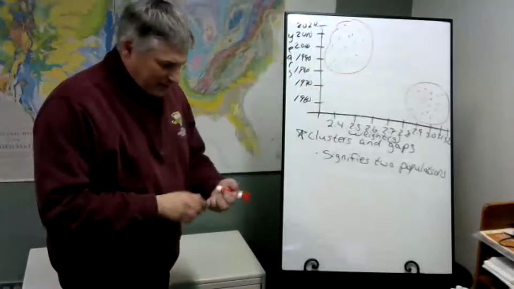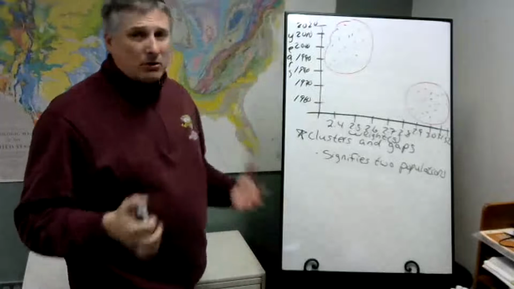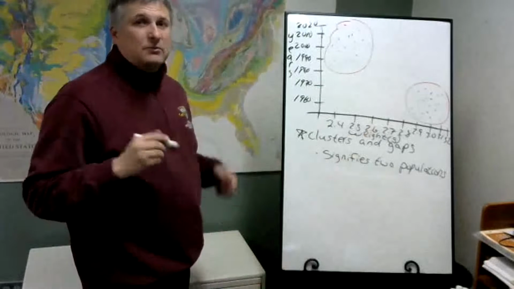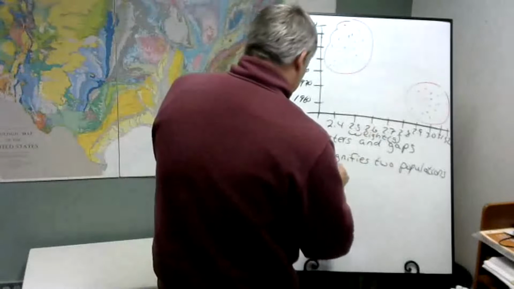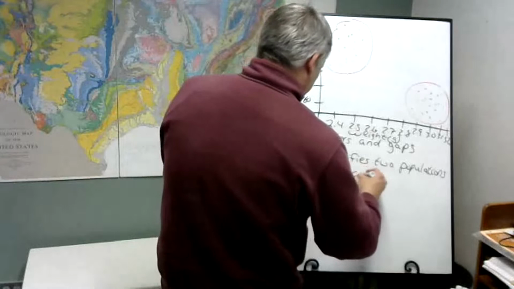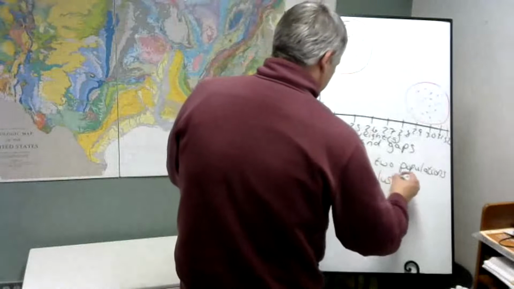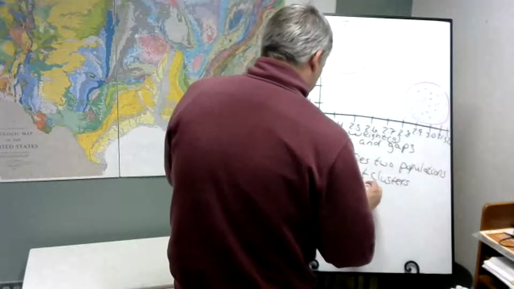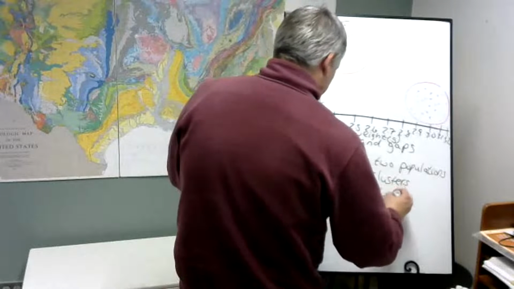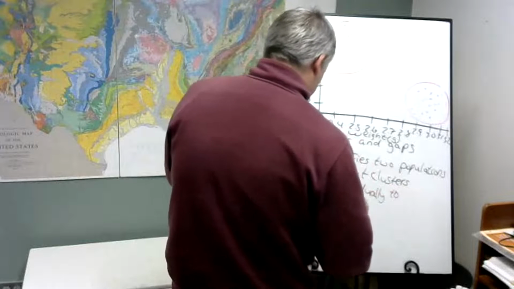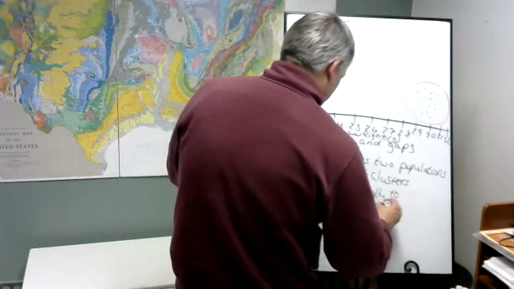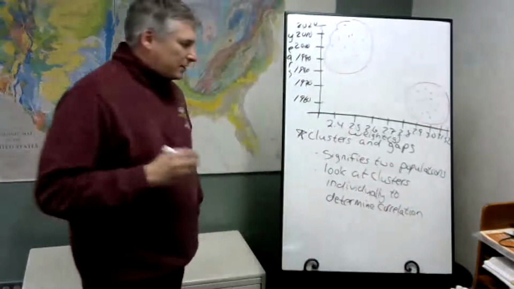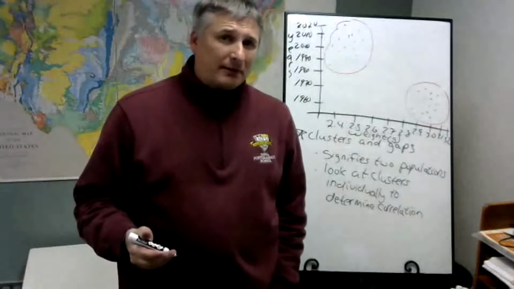But really, here's the thing. We want to look at the clusters. When you talk about correlation, when there are clusters where we have this gap, we want to look at the clusters individually to determine correlation.